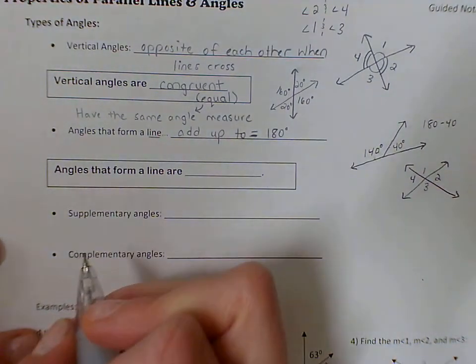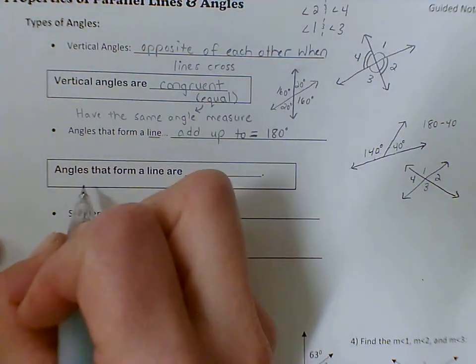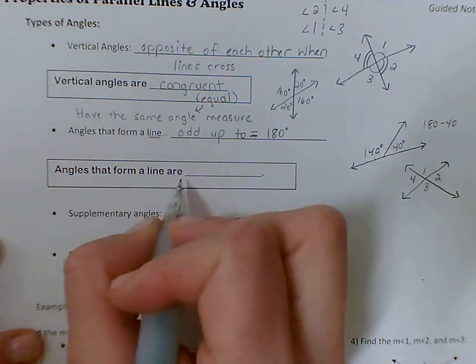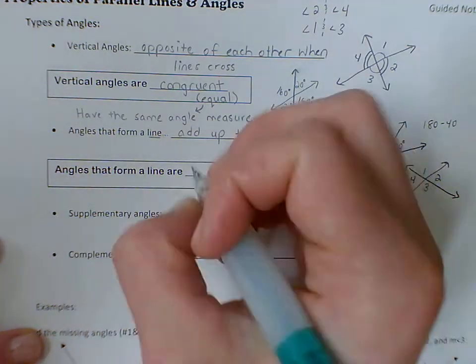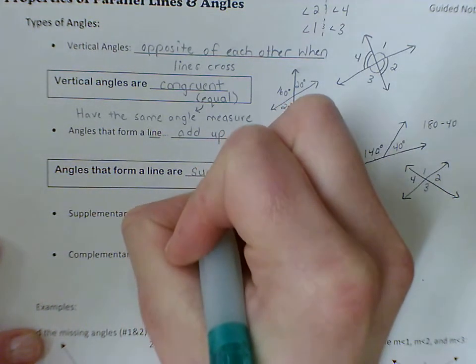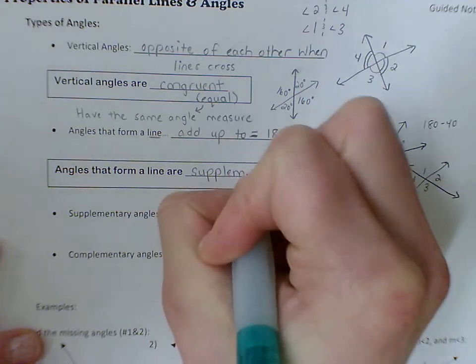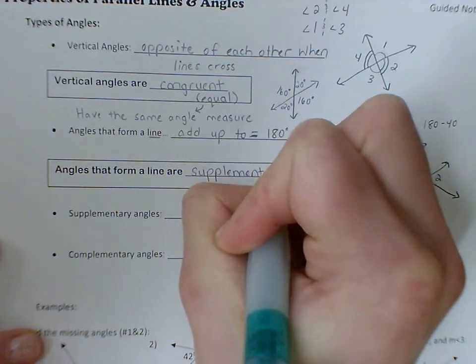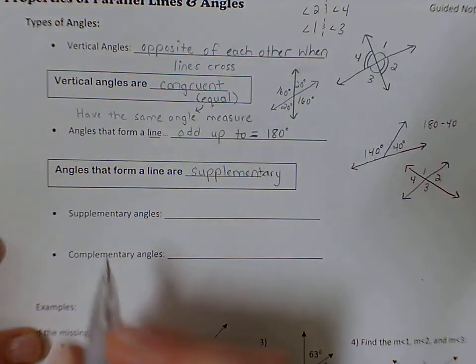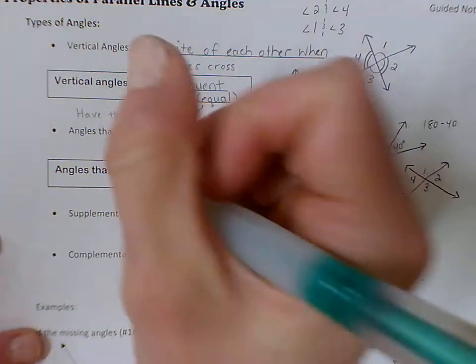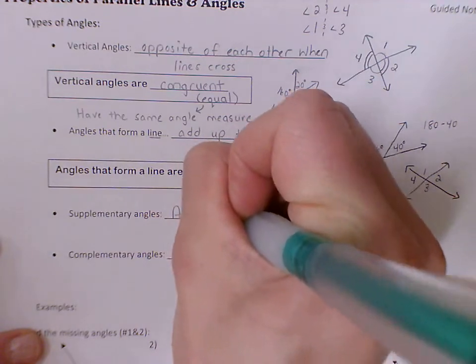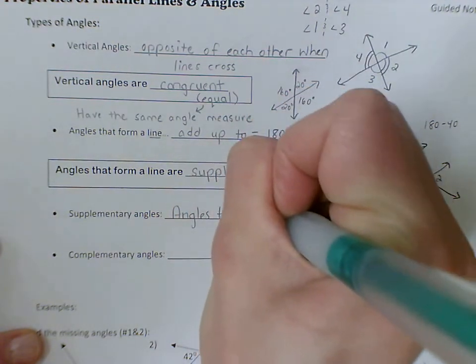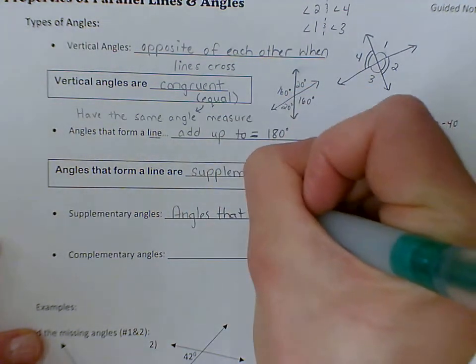Okay, so now there is a term that will come up that you may have not seen so much, and that is the word supplementary. Okay, so we're going to talk about that, but this is the thing that you have to know about the angles that form a line. They are actually what are called supplementary. Okay, and the reason for that is because supplementary angles are angles that add to equal 180 degrees.